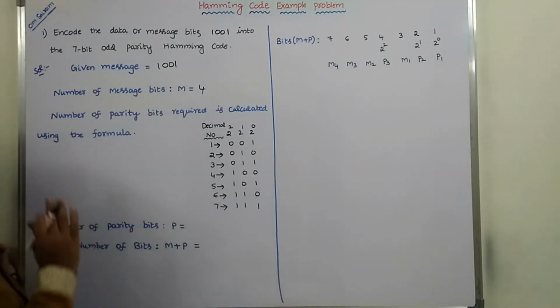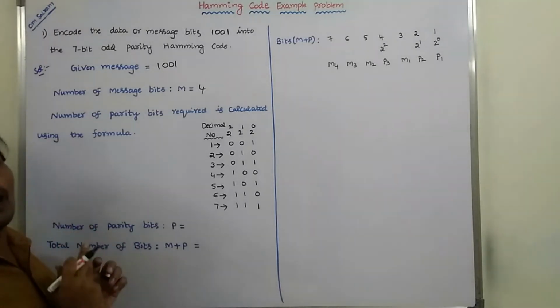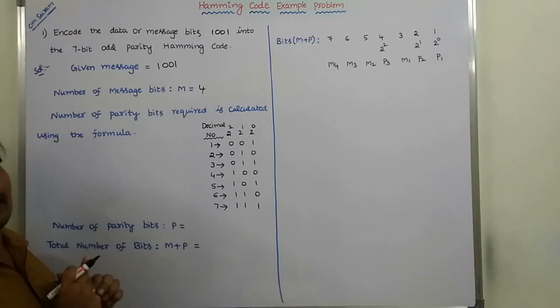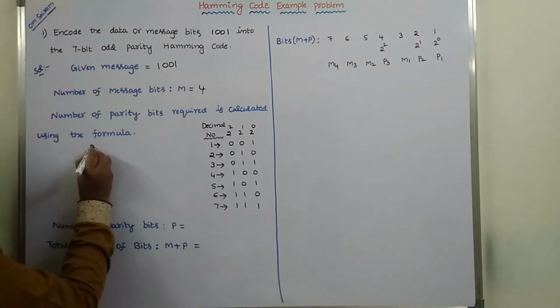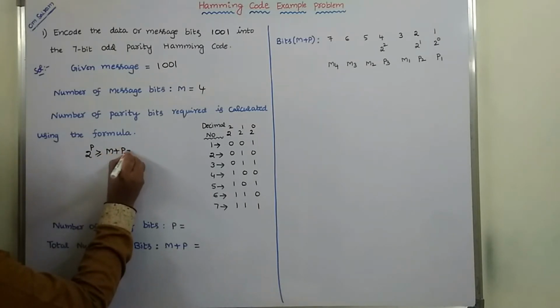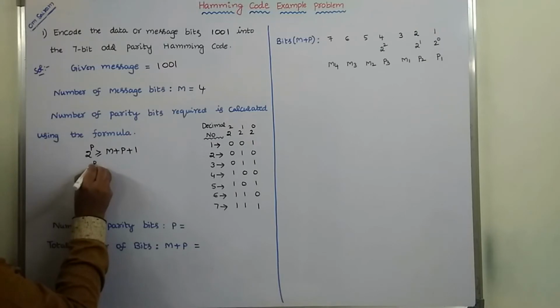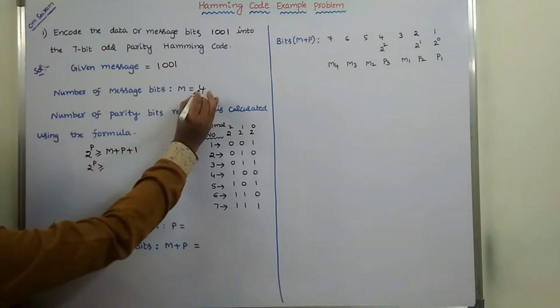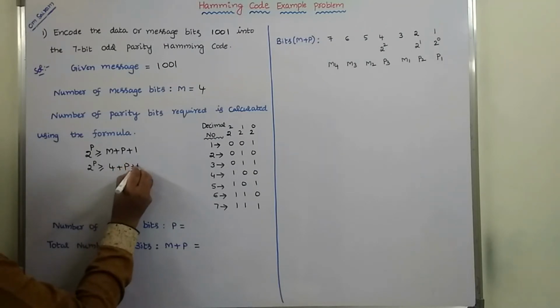Next, the number of parity bits that are added to the given message is calculated by using the formula 2 power p greater than or equal to m plus p plus 1. Here 2 power p greater than or equal to 4 plus p plus 1.